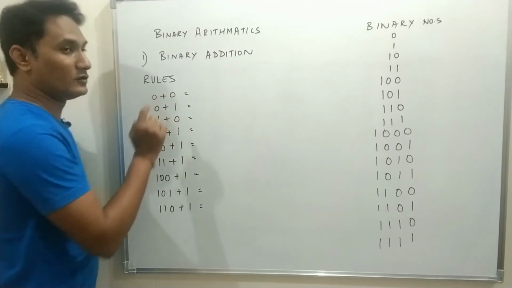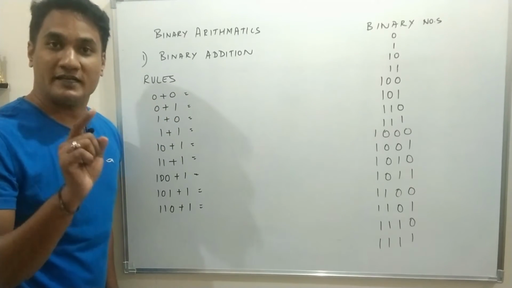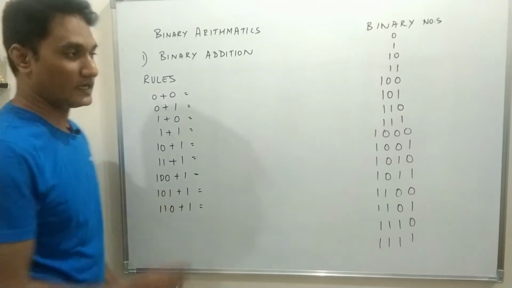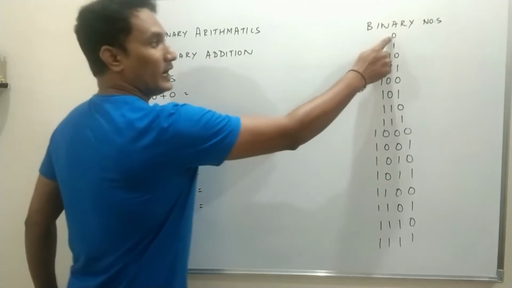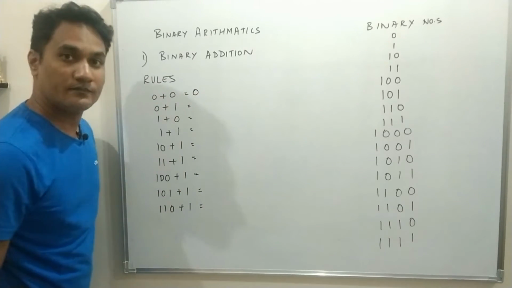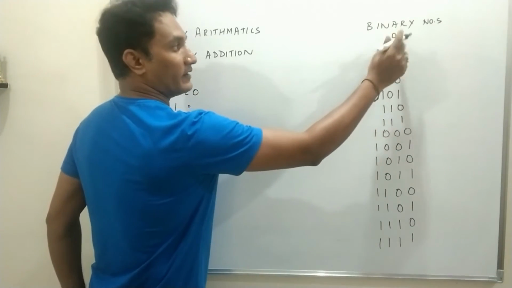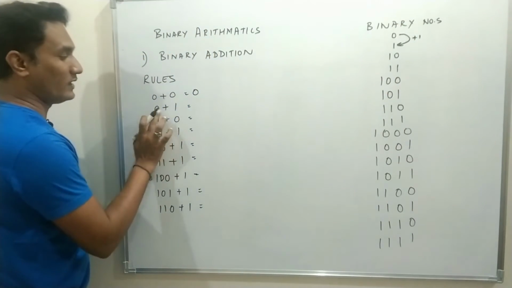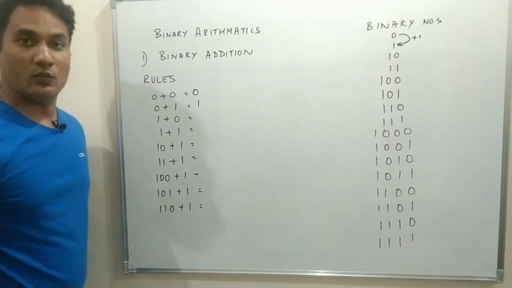So 0 plus 0: 0 and 1 in binary have the same meaning as in the decimal number system. Therefore 0 plus 0, 0 added to nothing, will be 0. 0 plus 1 will be the next higher number, that is 1.